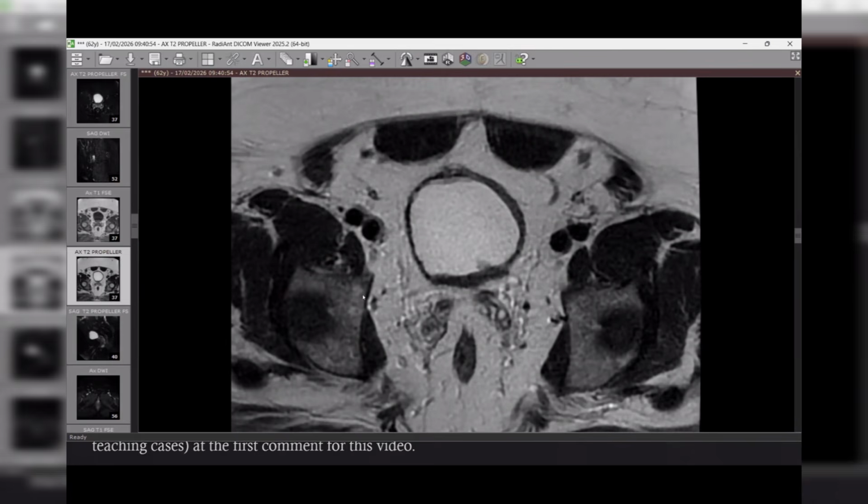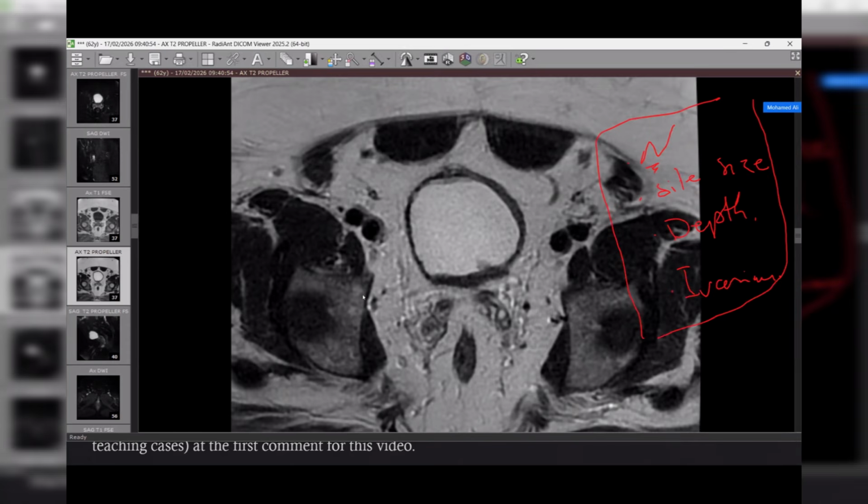If we need to describe any masses or any lesions along the urinary bladder, we should describe first: is it single or multiple, the site and size, the depth, and invasion of the surroundings. Those are the 4 points that we need to describe any urinary bladder mass.